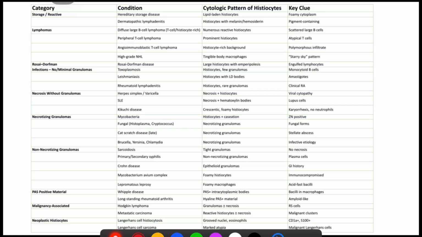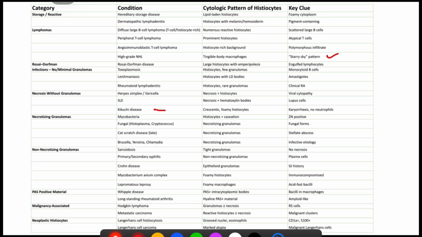So I am not going into detail, but you should remember epithelioid cells, some lipid-laden histiocytes in the hereditary storage disease, starry sky appearance in the high-grade non-Hodgkin's lymphoma, which is due to the presence of tingible body macrophages, right?